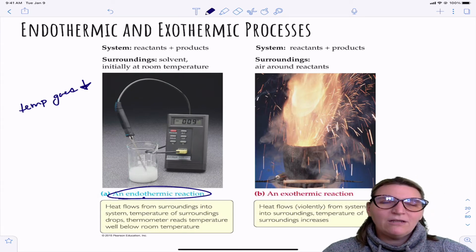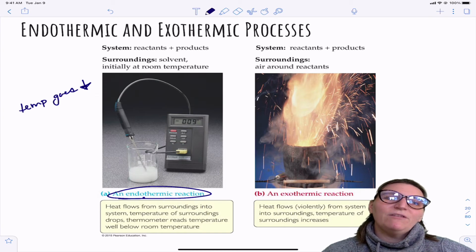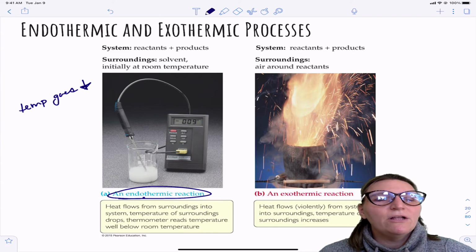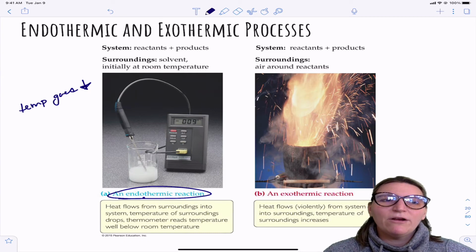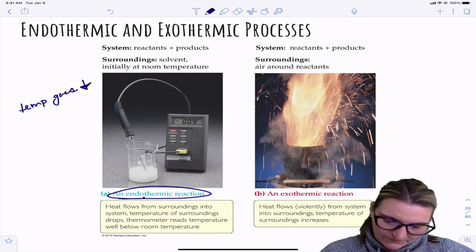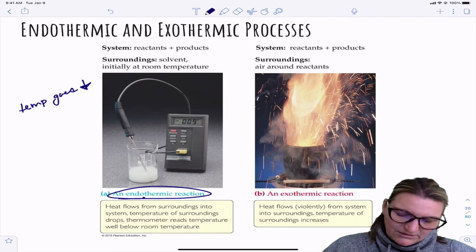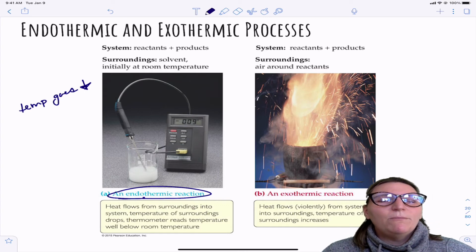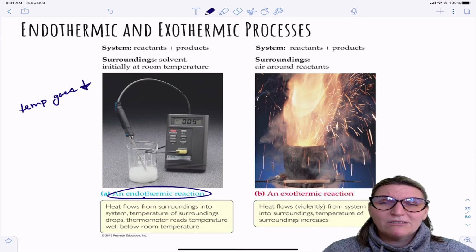Students often want to think the opposite, that if it's an endothermic process, it will get hotter. But you need to remember what you are measuring. It doesn't say, but this looks like a very common reaction where you mix ammonium chloride and barium hydroxide, I think.